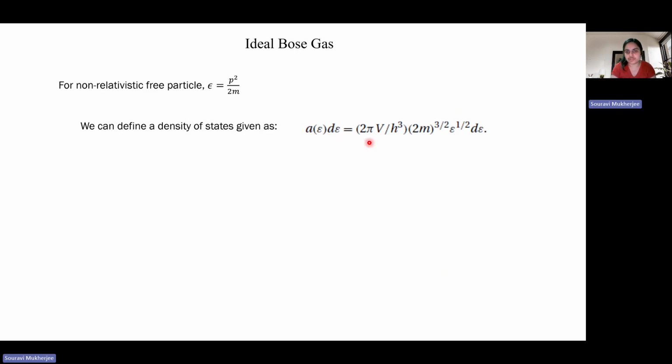And how do you do it? You see that epsilon is p squared by 2m. So p squared is given as 2m epsilon, and p is the root of 2m epsilon. So from here, you get this term here.